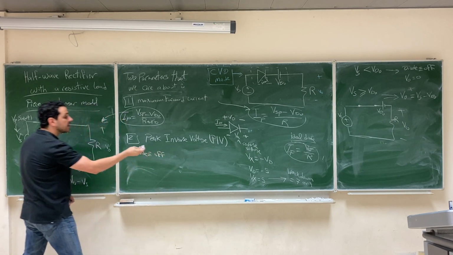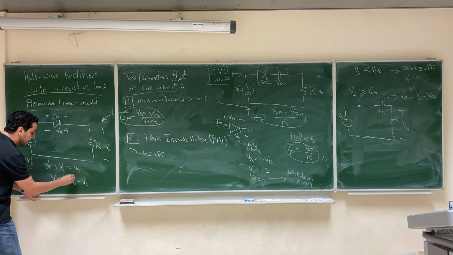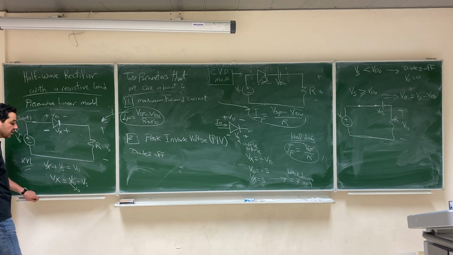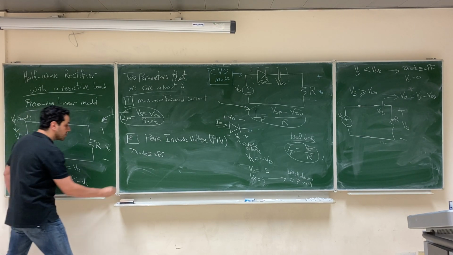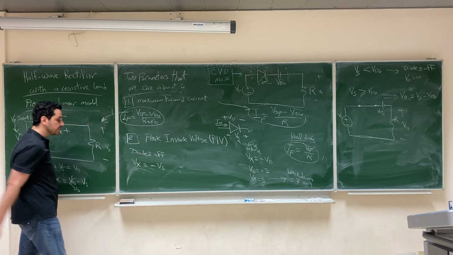If the diode is off, V out will be 0. So Vx will be equal to minus Vs.